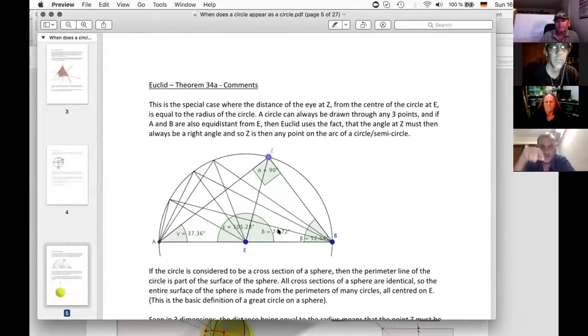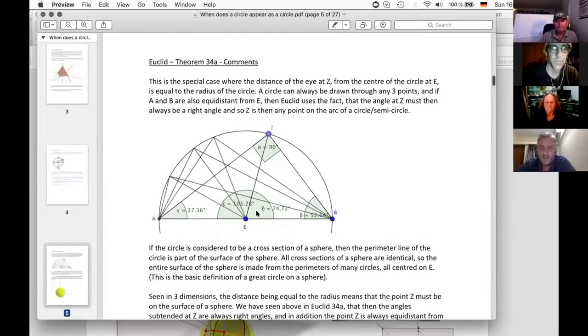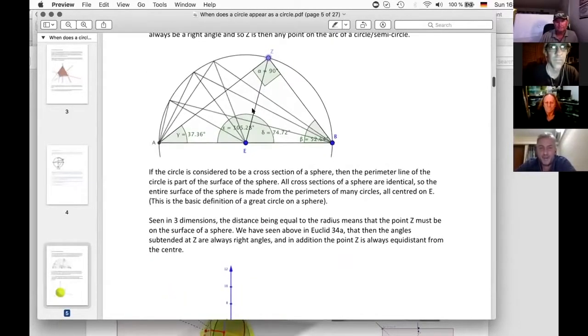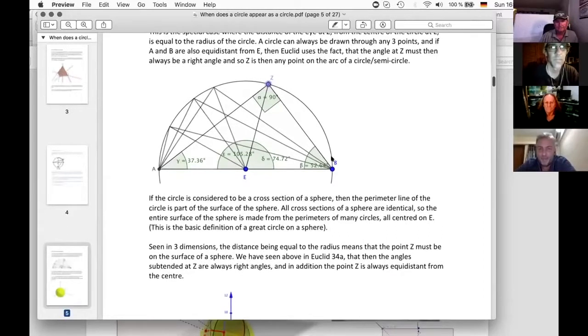In this case, I am exactly at a distance from the circle that is also the radius of the circle. It's a special case. And if that's the case, then using Thales' theorem, you know that that is always going to be a 90-degree angle.